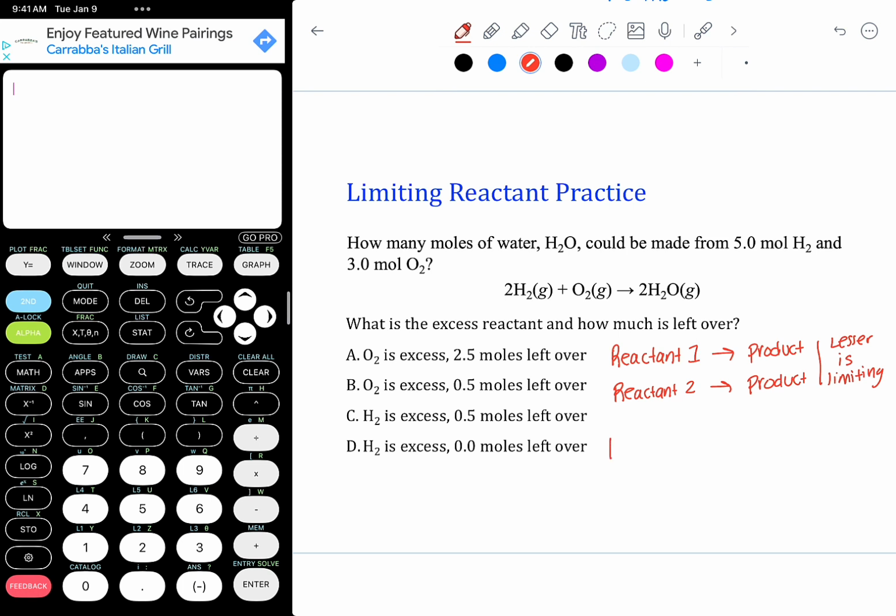So we want to take our product, convert it back to our excess reactant, and then take what we started with, subtract off what we used, and that's going to be our leftover. So pause the video, take a second, do these conversions, reactant 1 to product, reactant 2 to product, determine what's limiting, determine what's excess, then determine how much excess is left over.